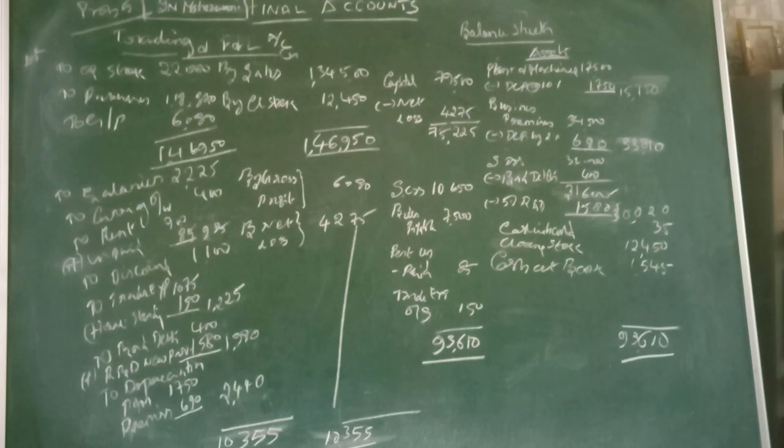Then another one is depreciation. It's a simple one. Normally it is given as a percentage. That percentage should be applied on fixed assets, and that amount should be deducted from the fixed assets, and the same amount should be shown on the debit side of the P&L account.